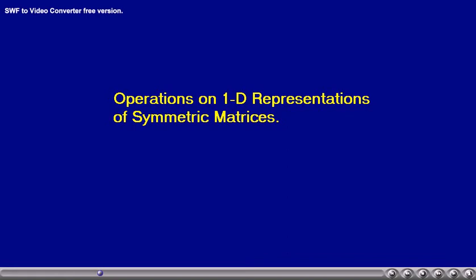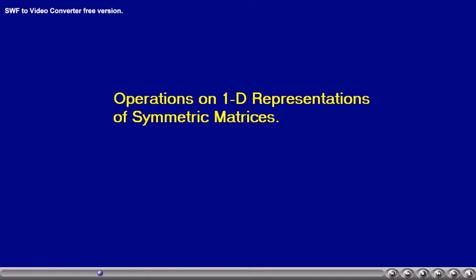As of now, we have explained how a symmetric matrix, which is a 2D representation, is converted into a 1D representation. This we call a 1D representation of the 2D symmetric matrix.